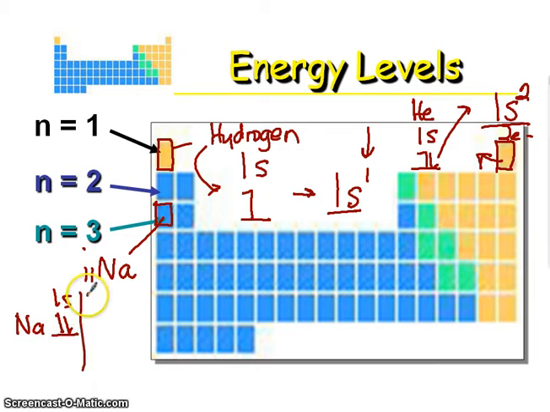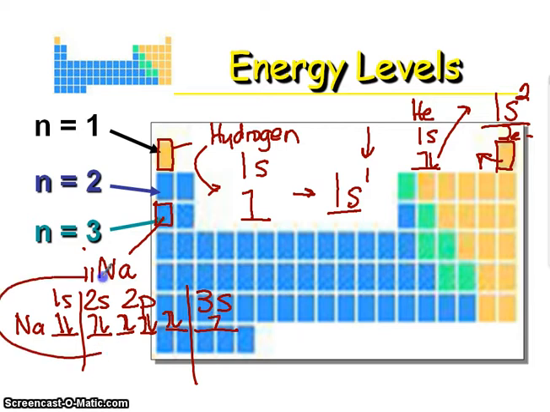On the second floor, we have a 1-bedroom apartment. That's going to fill first. And then we have a 3-bedroom apartment. That's going to fill second. So we've got 2, 4, 5, 6, 7, 8, 9, 10. We're now up to 10. We still have 1 more electron. Where's that electron going to live? It's going to live on the third floor in the S apartment.